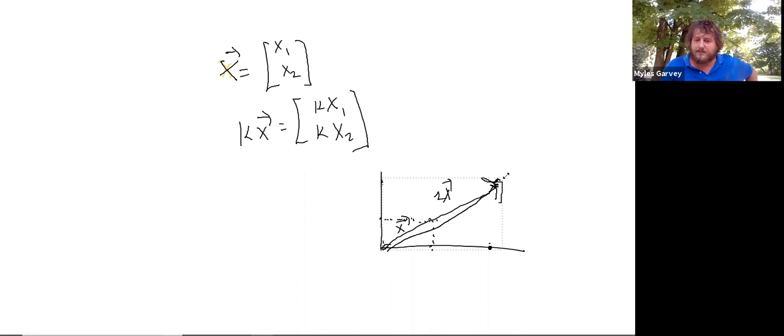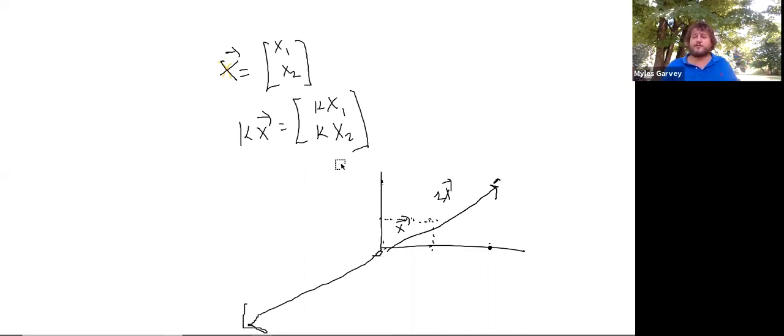If we multiply it by a negative number, then it's going in the opposite direction, depending on how much we multiplied by that negative number. So scalar multiplication represents an extension, a contraction, or a complete reversal of the vector, but the vector remains on the same line.